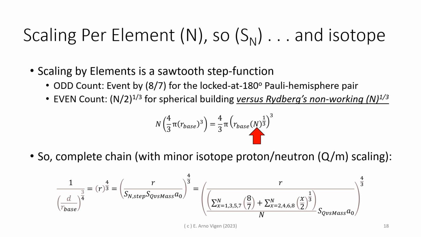And so it depends on what your count, and you get this difference between an odd count element and an even count element. And eventually, when you get to outer shells, there's another fine adjustment, which is covered in my books.